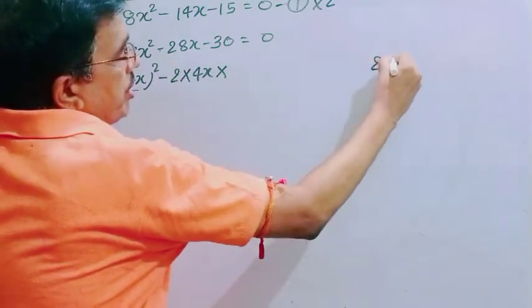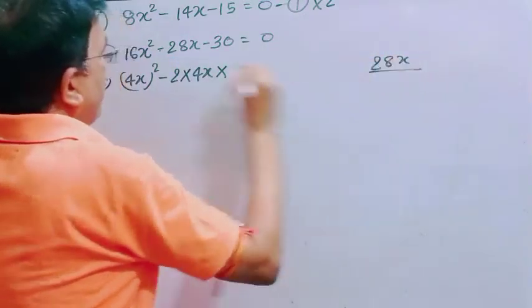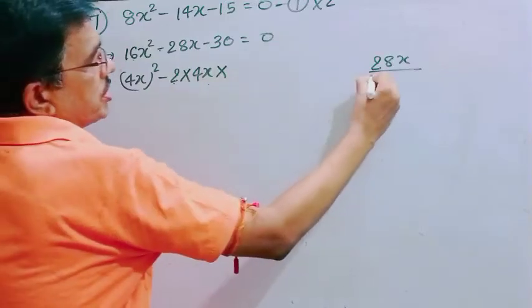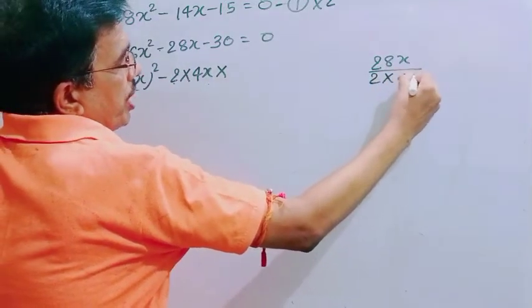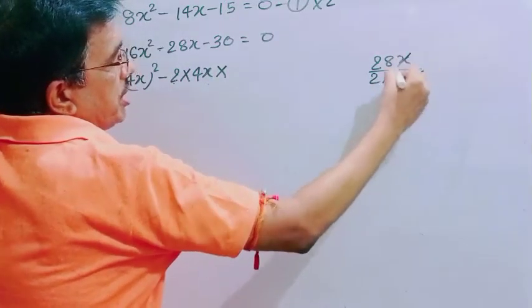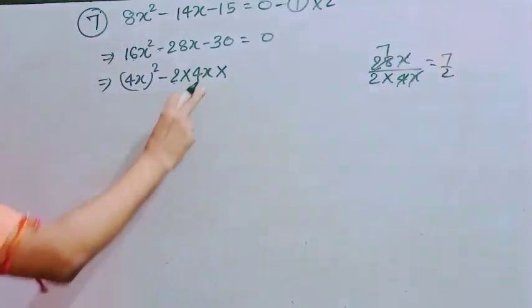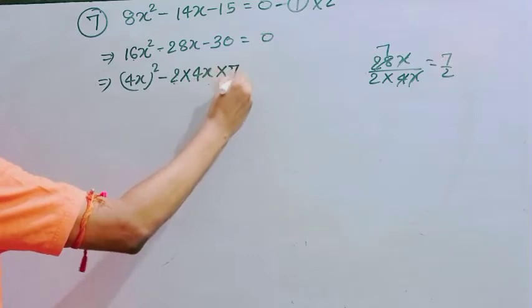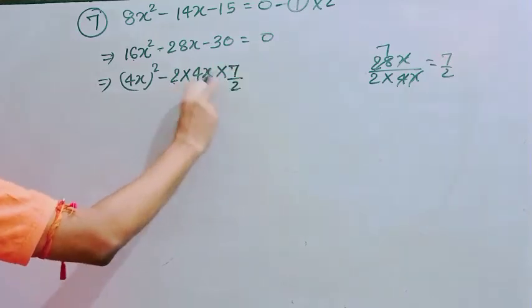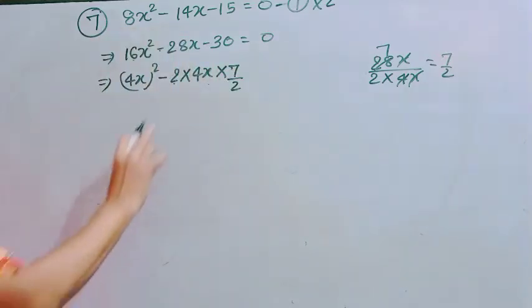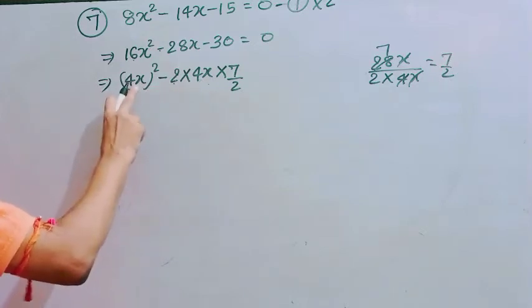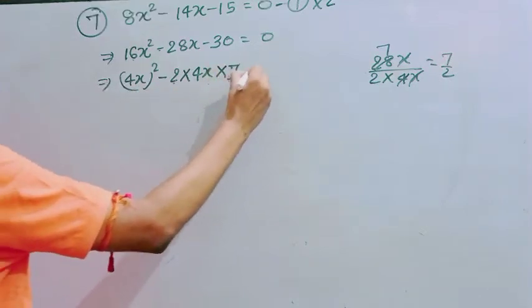So I told you that it is 28x divided by 2 into 4x. So this x cancels and 4 7 down. That means 7 by 2. When you multiply 7 by 2, then 2 cancels and you get 28x. So 2 into 4x from a, and at the place of b is 7 by 2.